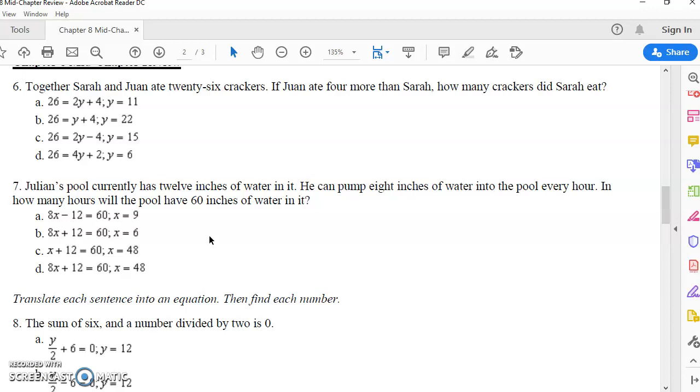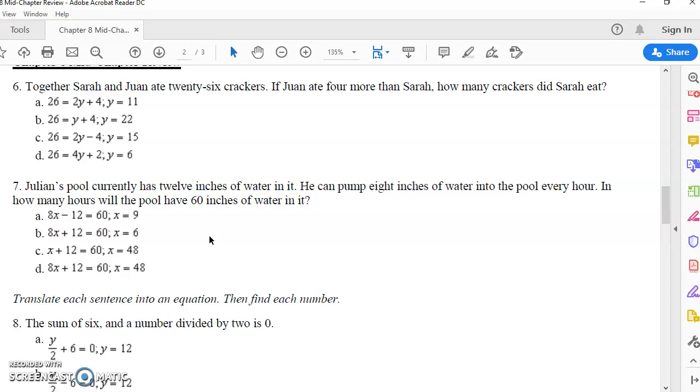So go ahead and eliminate answer choice A. Answer choice A will not be a part of the solution or the answer. So when we look at letter C, well, x can't stand alone because we already know that you can get 8 inches per hour. We just don't know how many hours it would take.